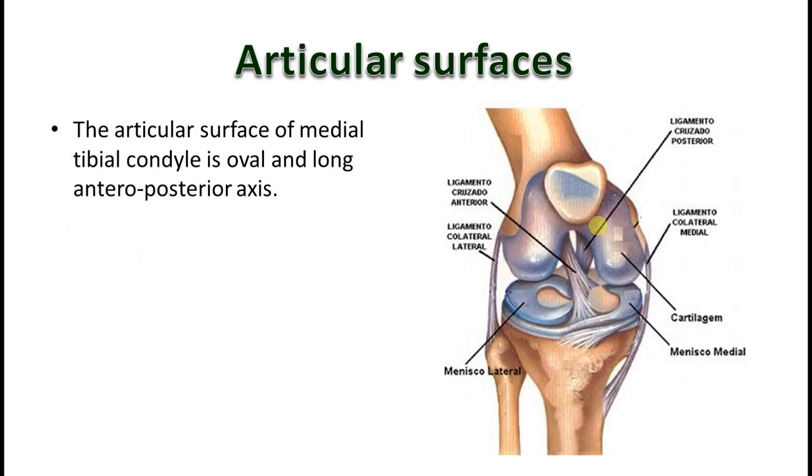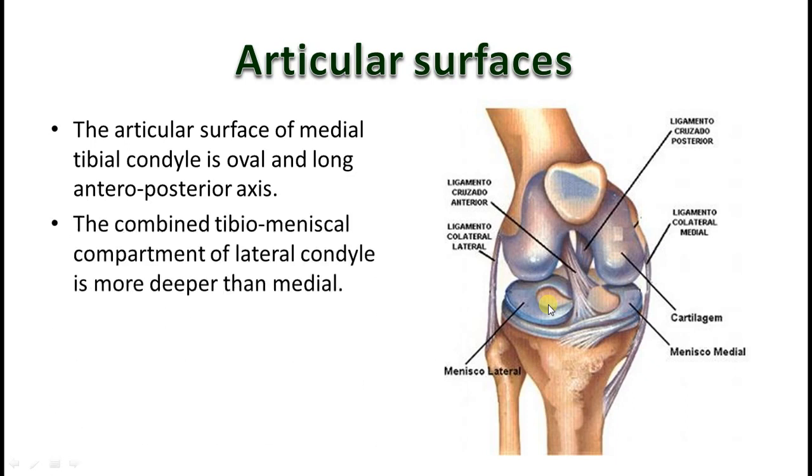Next, coming to the medial condyle, as I told you, it is somewhat oval, long antero-posteriorly. In the last slide itself, I have shown you it is long antero-posteriorly, same like the medial condyle of the femur, which is also slender and long antero-posteriorly, whereas the lateral condyle is somewhat stout.